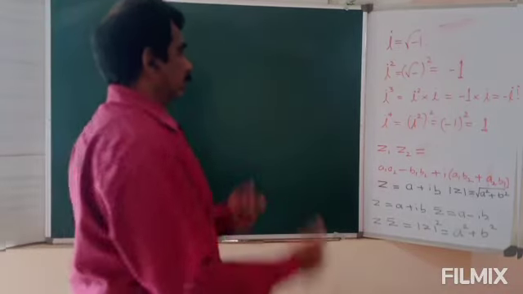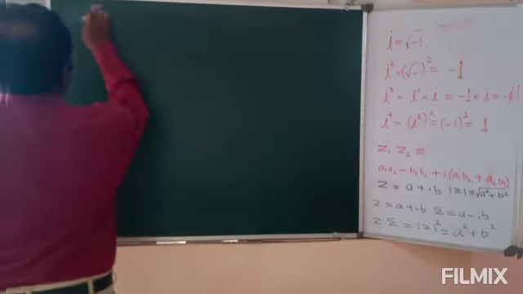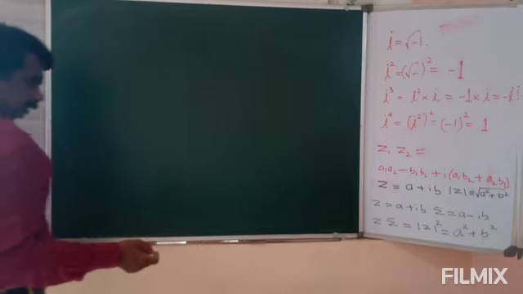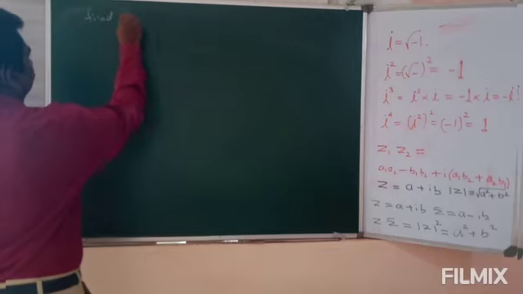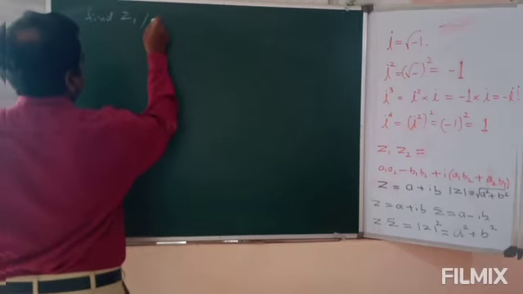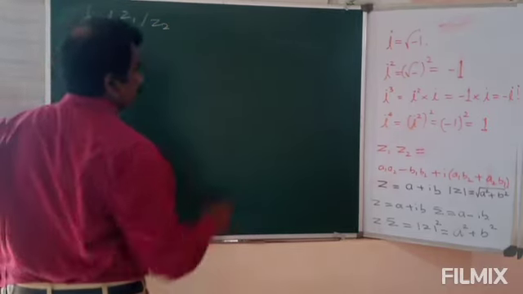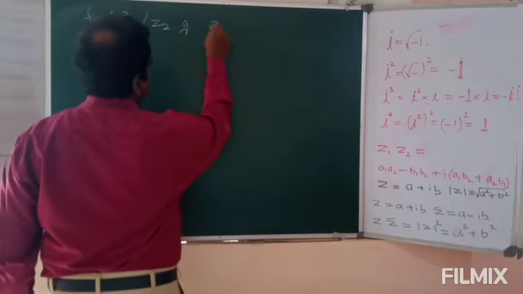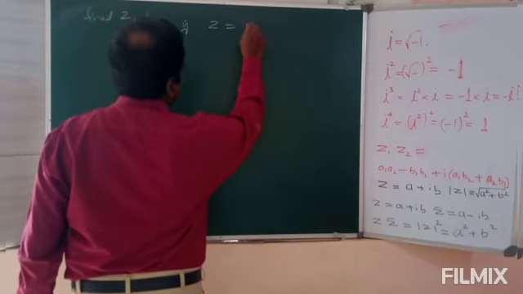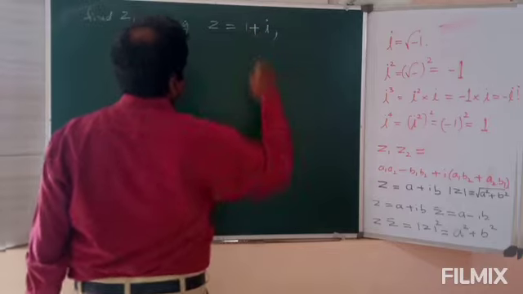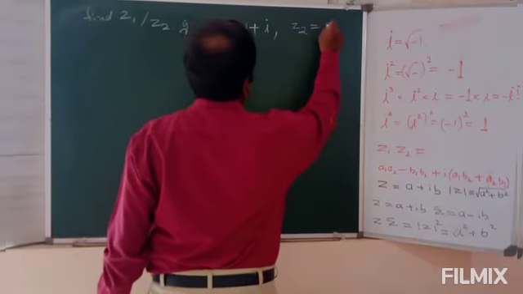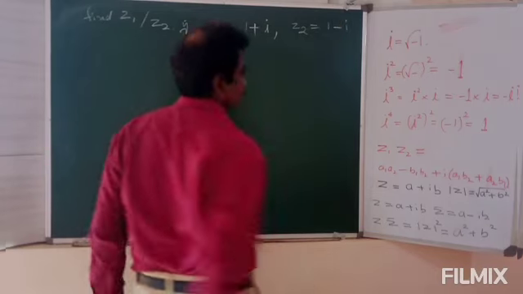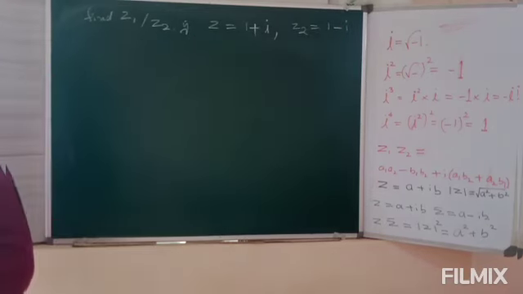Okay. Now I am going to give another example. Find z1 divided by z2, if z1 is equal to 1 plus i and z2 is equal to 1 minus i.